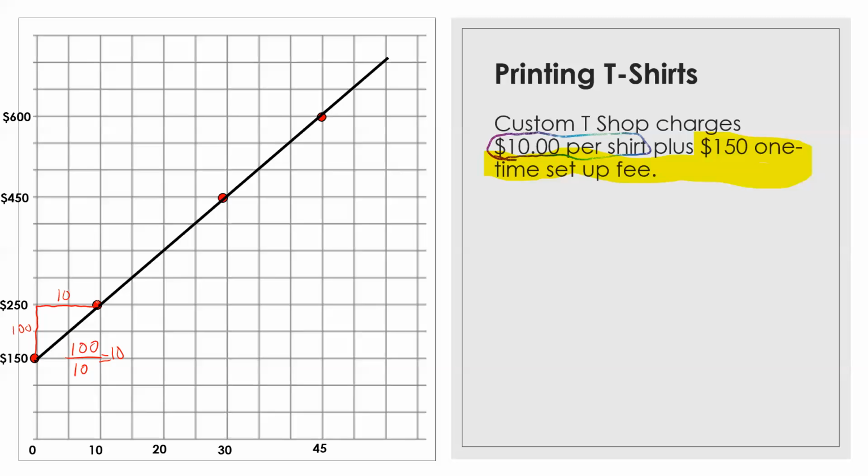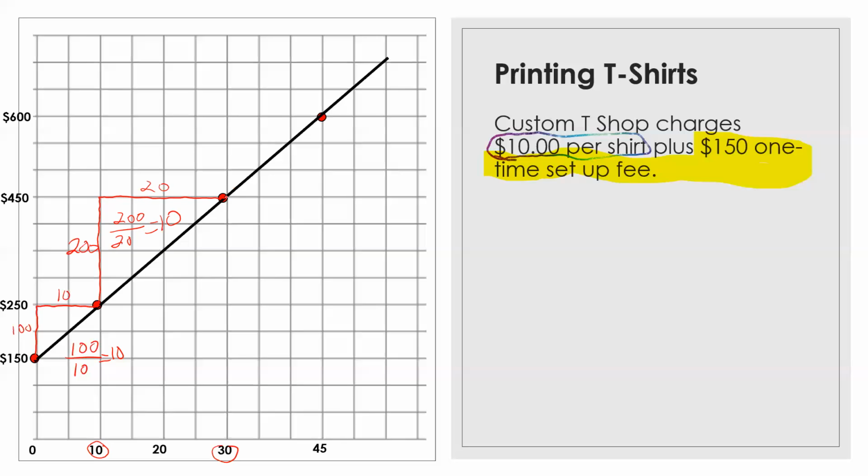Okay, now suppose we go from this dot to that dot, which is a lot further away. What's that rate of change? Well, the change from 250 to 450 is 200. The change from 10 shirts to 30 shirts is 20 shirts. So that rate of change is 200 divided by 20, which is still 10. And where have we seen that 10 before?